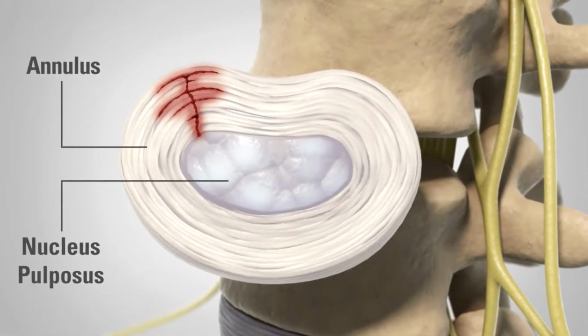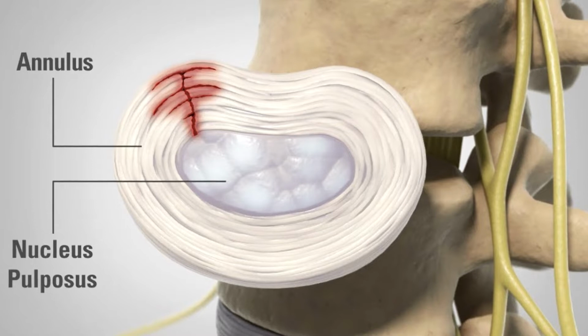That can be a gradual thing, and typically it is, with wear and tear causing cracks in the disc, or it can happen suddenly. I addressed a question in a previous video, called Hidden Causes of Back Pain, about why some days we have back pain and some days we don't. Make sure you check that out. I'll make sure you have a link.